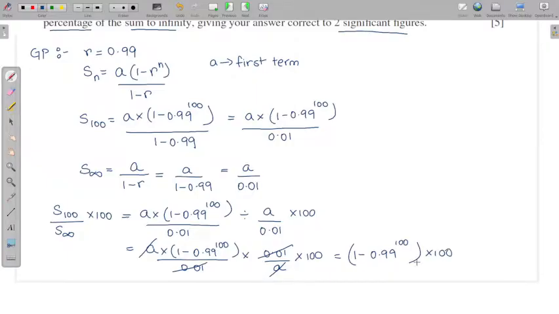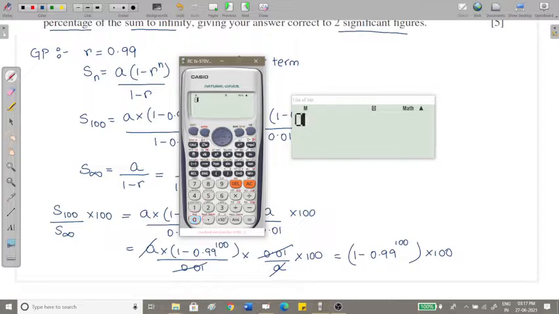So let's bring out our calculator for that. 0.99 to the power of 100 comes to this. So 1 minus this gives us 0.63396. So into 100 it comes to 63.396 and so on.